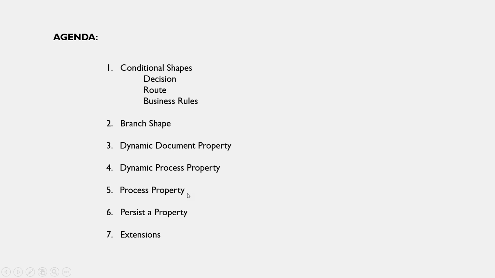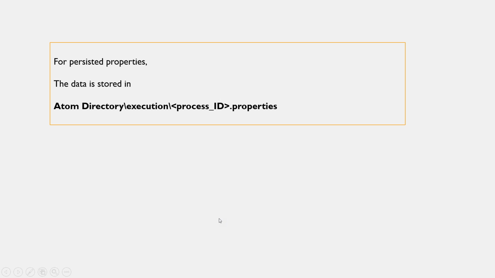Process property is a component that can be reused across processes and can store all the properties in one place. And we have seen persisting property values to use across subsequent executions, and setting the extensions.